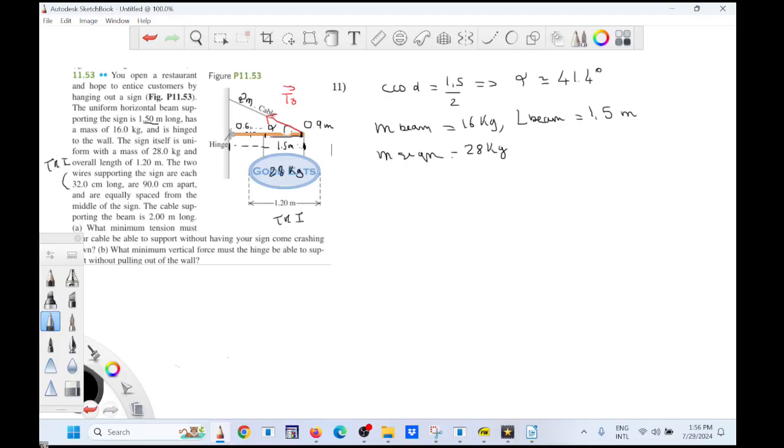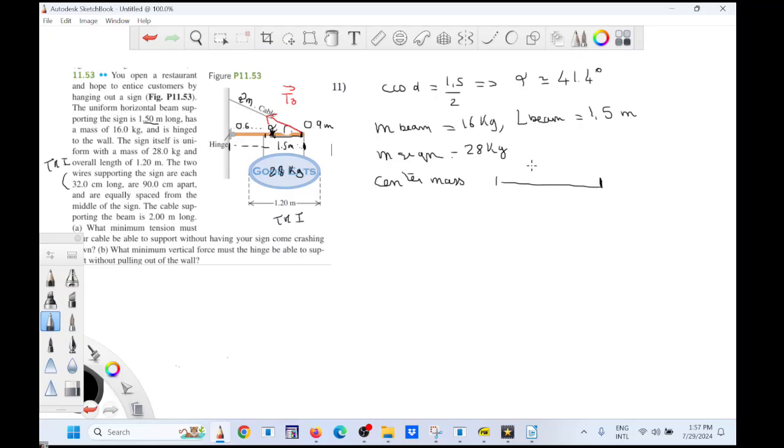So if this is 0.6, you see that the center of mass is going to be somewhere here. So that will be your center of mass. The center of mass is going to be at the center of the beam.